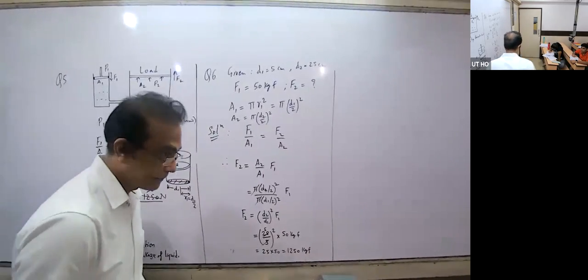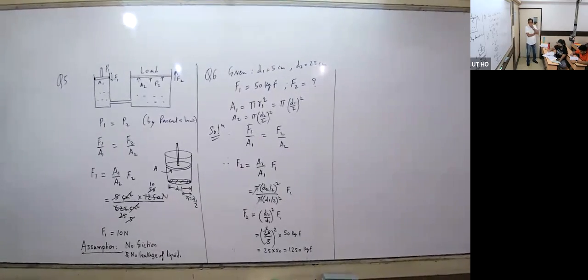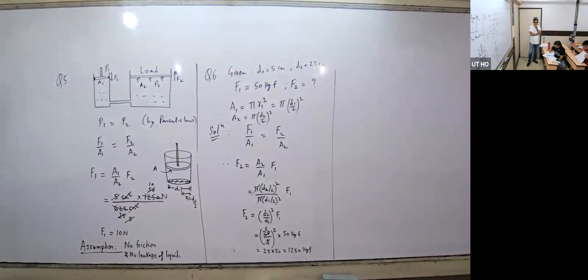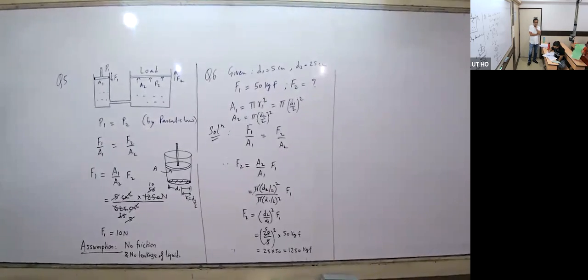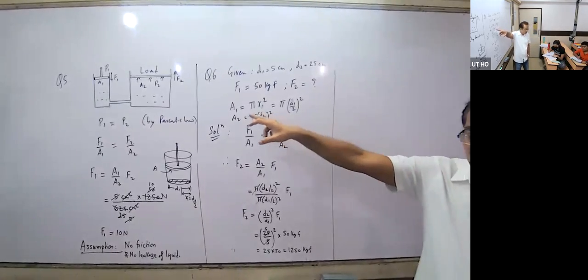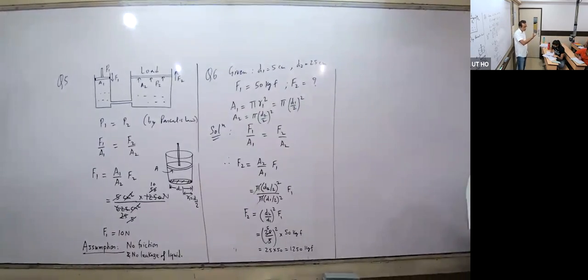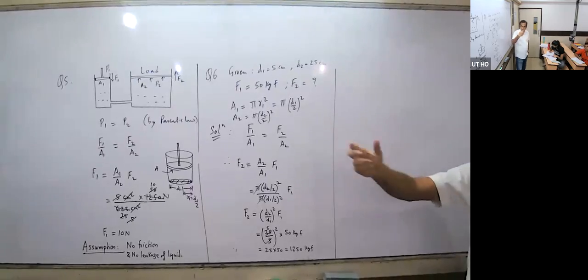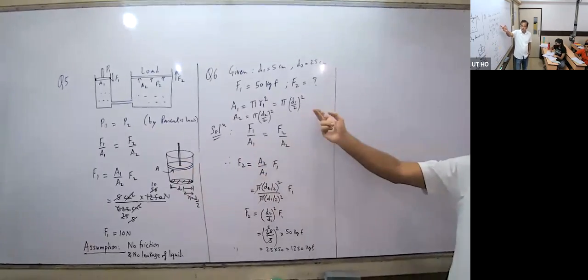Is it correct? So why did we have to do all this? Because the area is not given directly. Instead of area, they have given you the diameter of the piston. Ultimately, we need the area. Since the cross section of the piston is circular, we find the area from the given data.